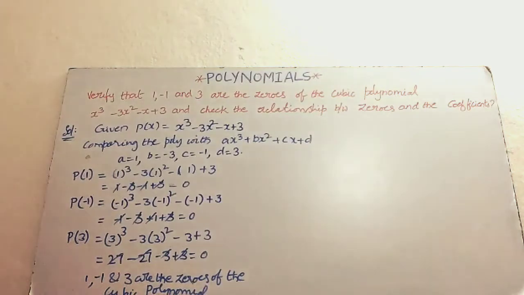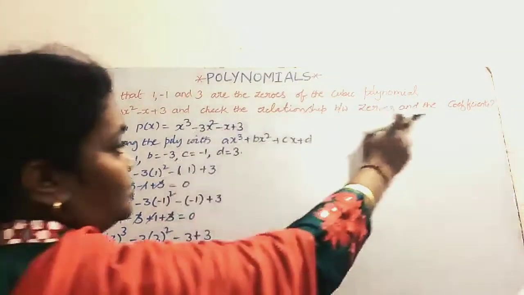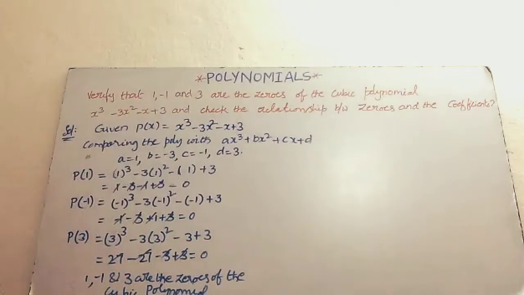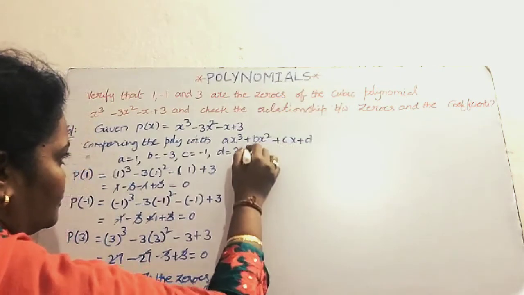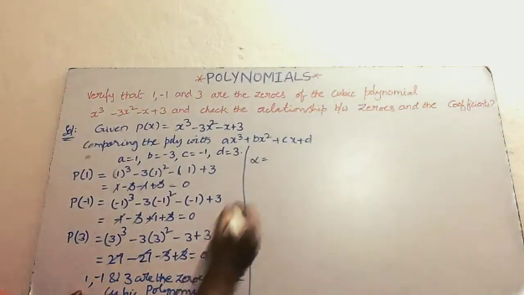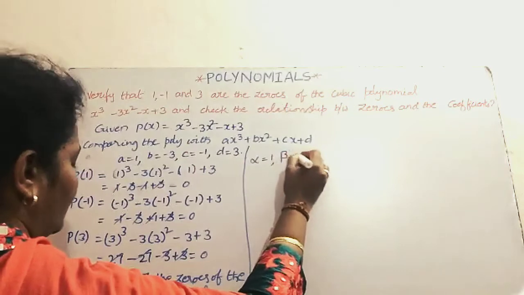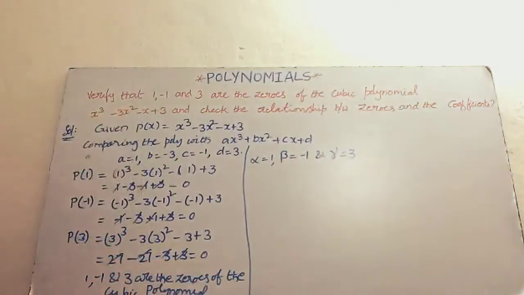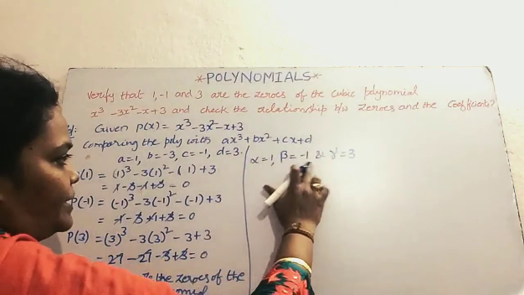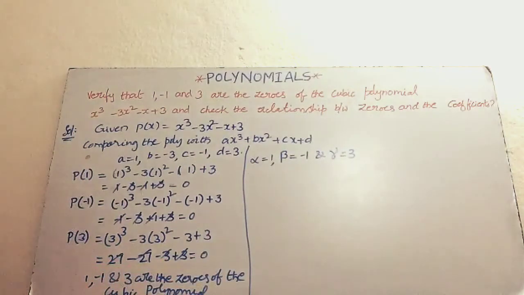And also check the relationship between zeros and the coefficients. So now I will take alpha equal to 1, beta equal to minus 1 and gamma equal to 3.